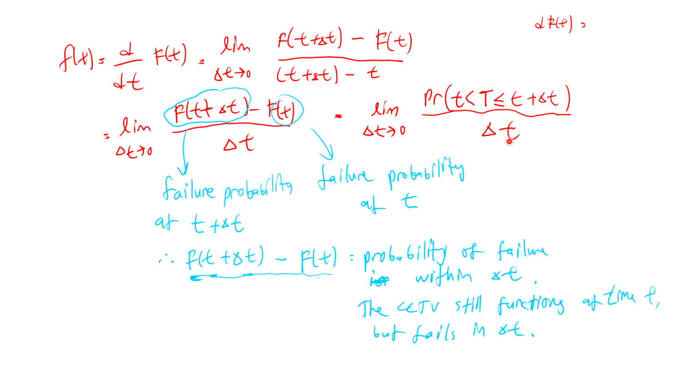So the time to failure is greater than t, but less than t plus delta t.